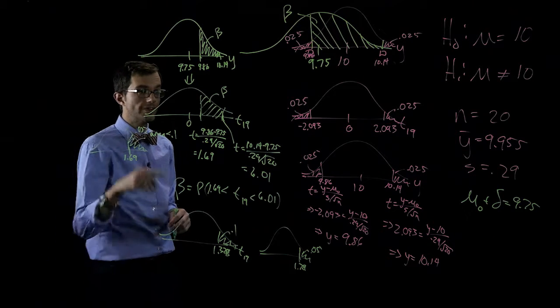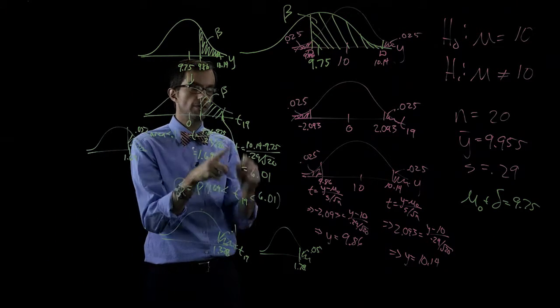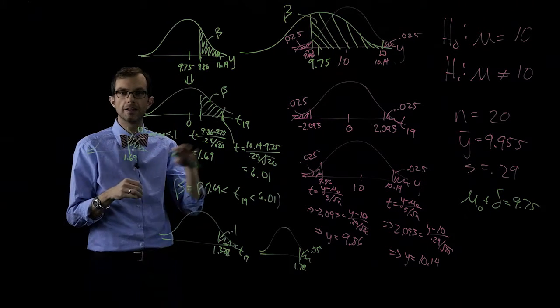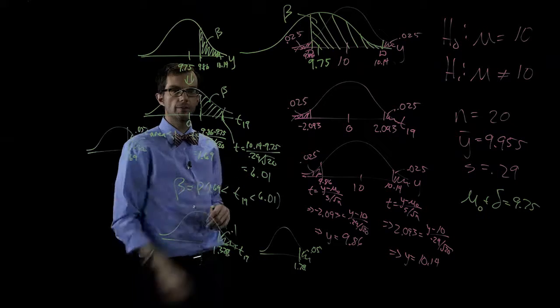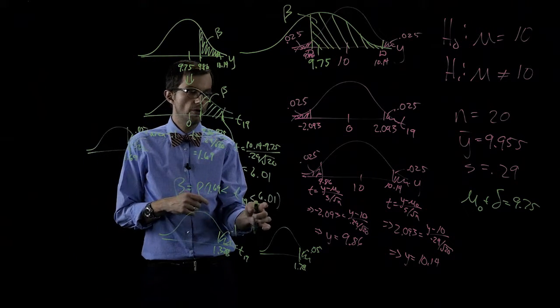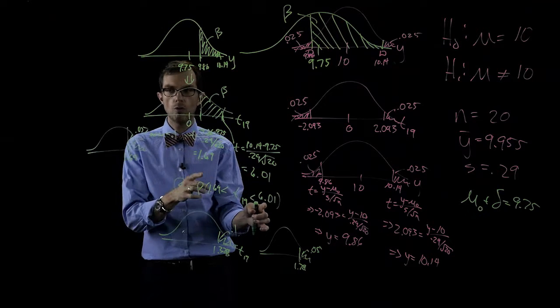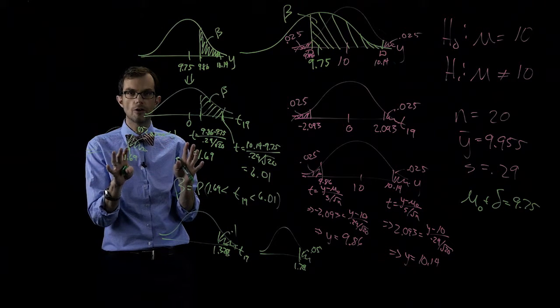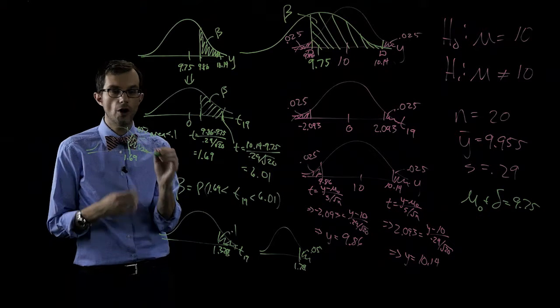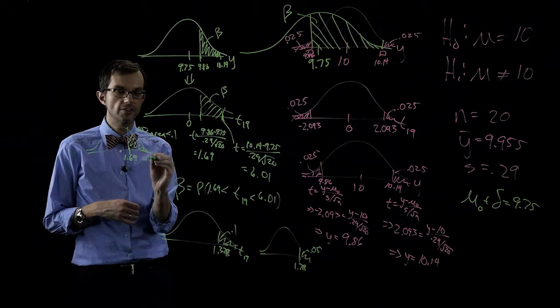What's the area above 6.01? As it turns out, with degrees of freedom 19, the area in the tail associated with 6.01 on the axis is essentially 0. There is no area for our purposes above 6.01.